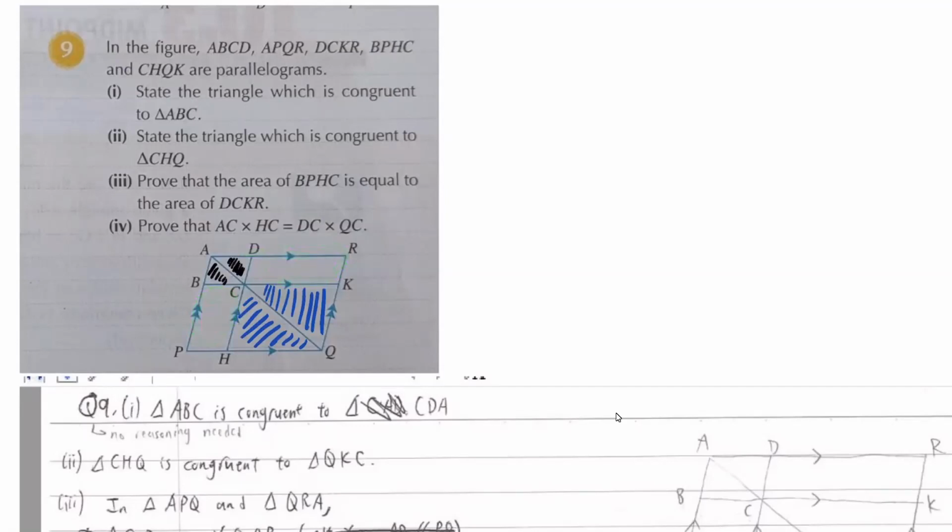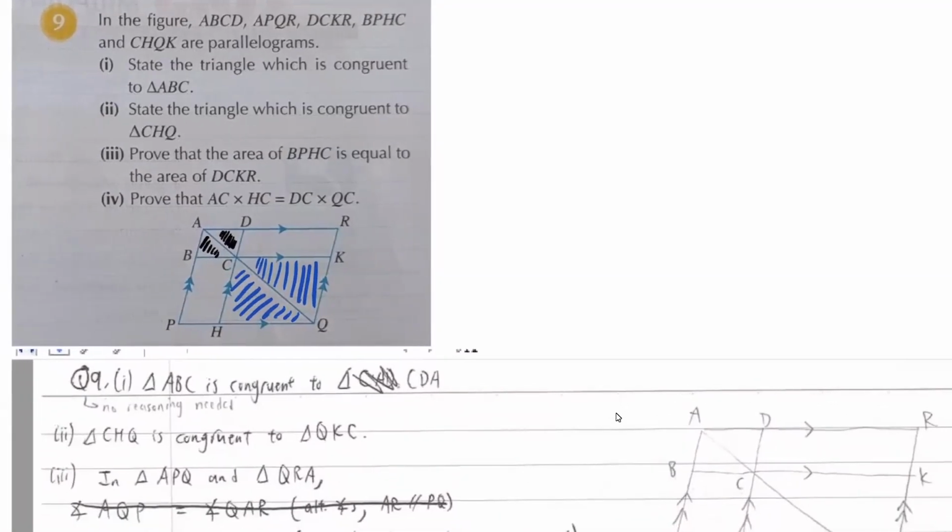So far, what is the only thing that we can do? What is the only shape that we know has equal area? In theory, what shape is that?